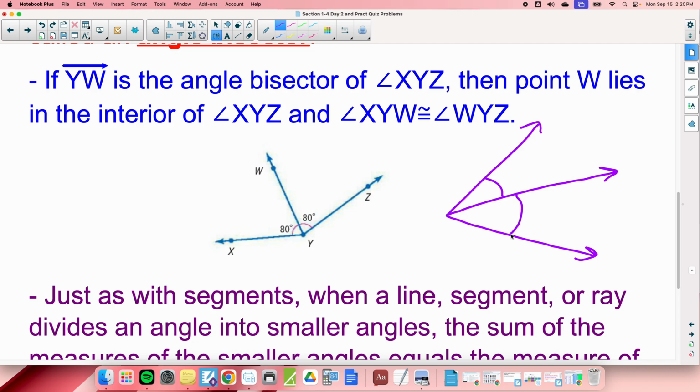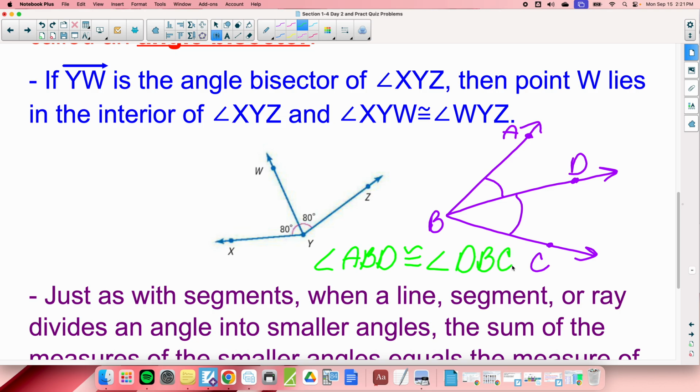Let's say this is A, B, C, and D. We could say angle ABD is congruent to angle DBC. So that's what to bisect means.